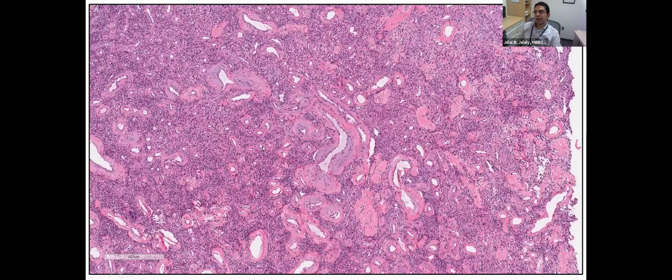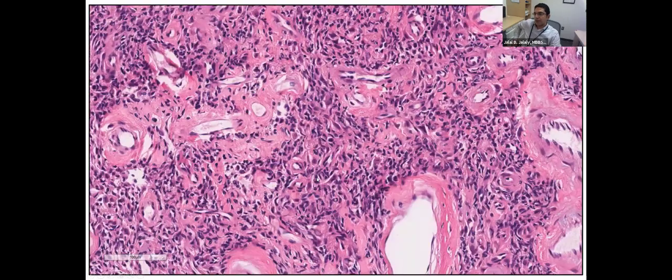And looking closer at these spindle cells, you can see that they're quite cellular and associated with these very interesting vessels with quite a bit of hyalinization in their wall. And you can see that some of the vessels are branching and almost staghorn-like in appearance.